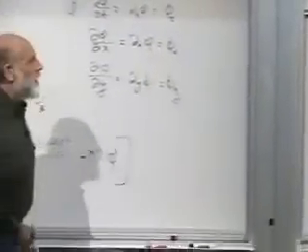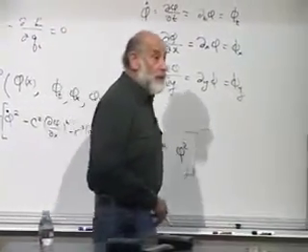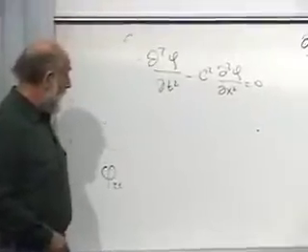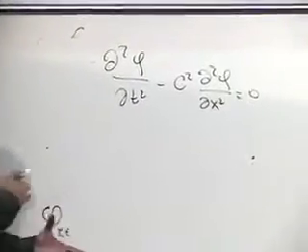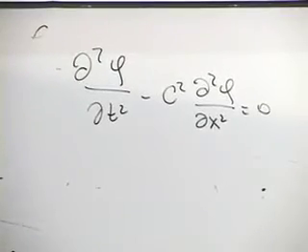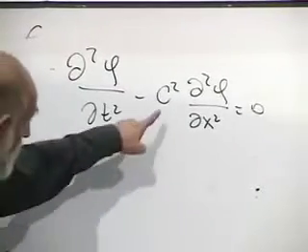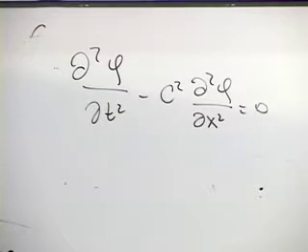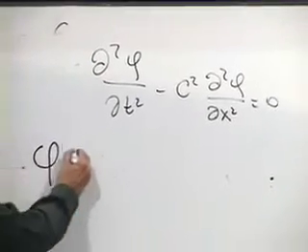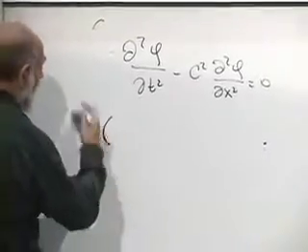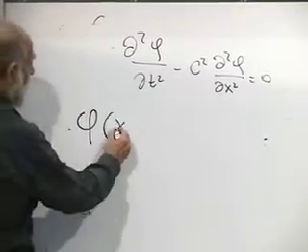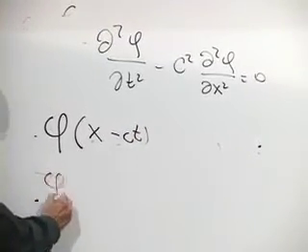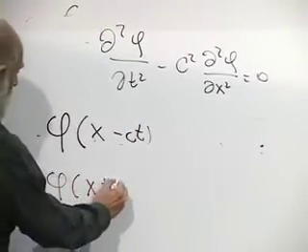All right. There are, in fact, two kinds of solutions of this equation. This is the standard wave equation of a field which propagates with a uniform velocity, c. And the solutions of these equations are functions, two kinds, any function of x minus ct or a function of x plus ct.